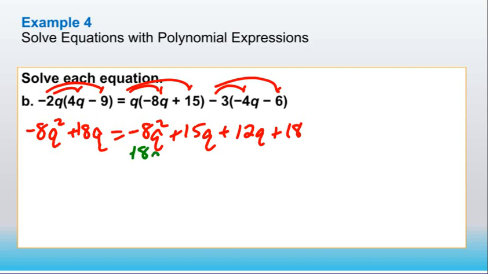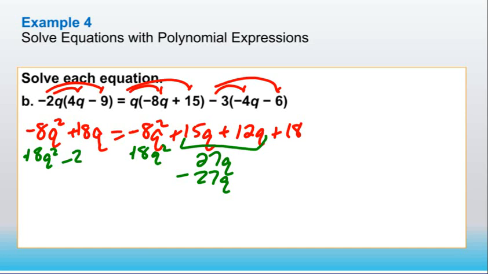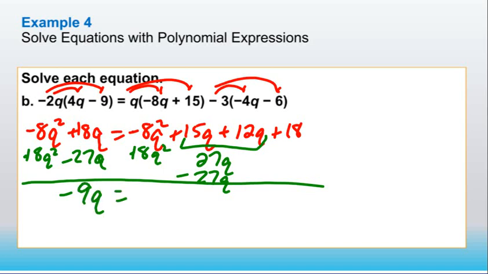So I'm going to add 8q squared. And then this becomes 27q. So I'm going to subtract 27q on both sides. And now I'm left with a negative 27 plus 18 gives us a negative 9q equaling, on this side I have 18 divided by negative 9. Q would equal a negative 2.